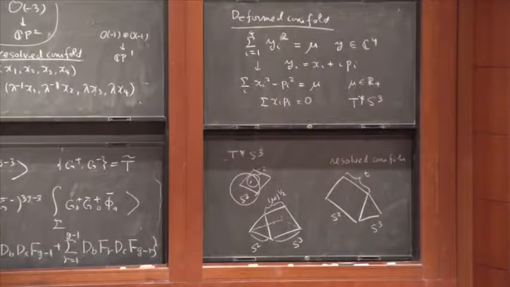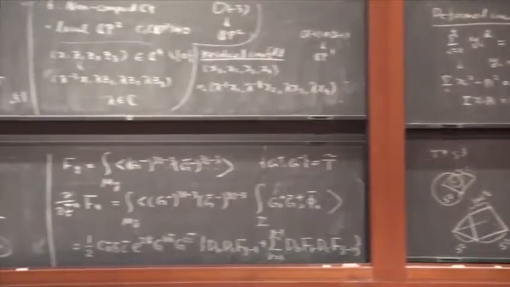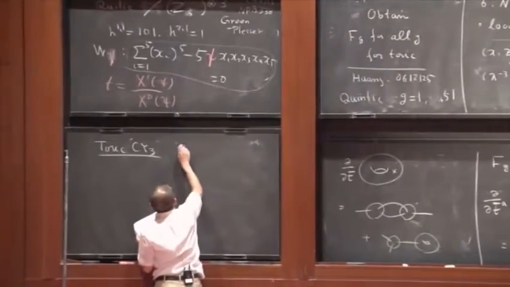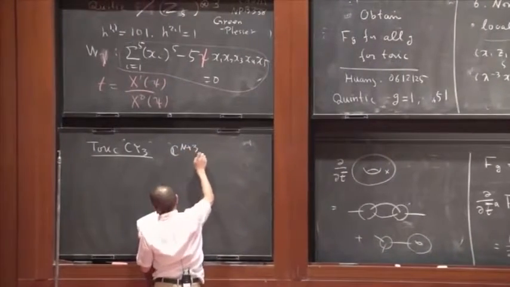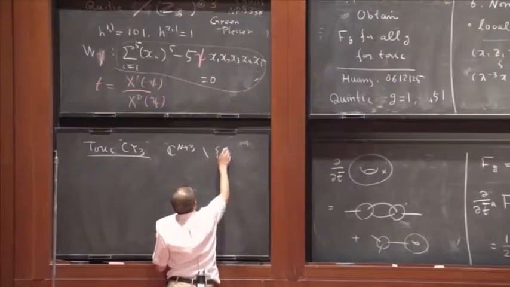So I'd like to now describe a more general setup. More generally, I would like to tell you, in the remainder of the time, the construction of so-called toric Calabi-Yau. In order to describe toric Calabi-Yau, we start with a geometry which is C^(N+3) minus 0.